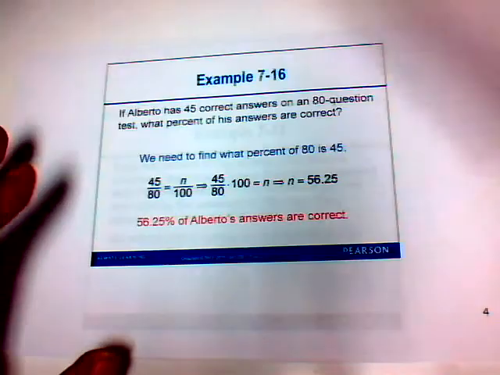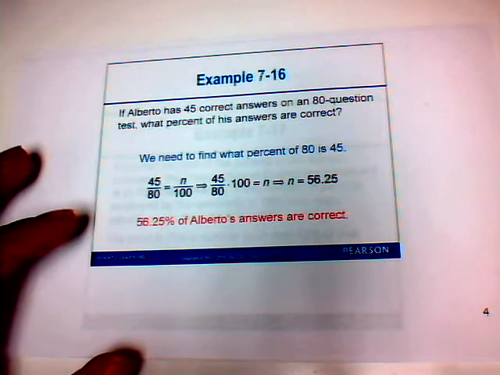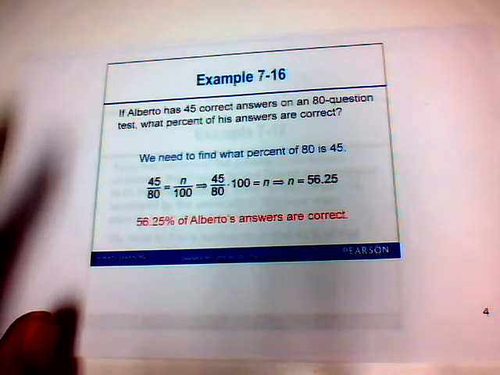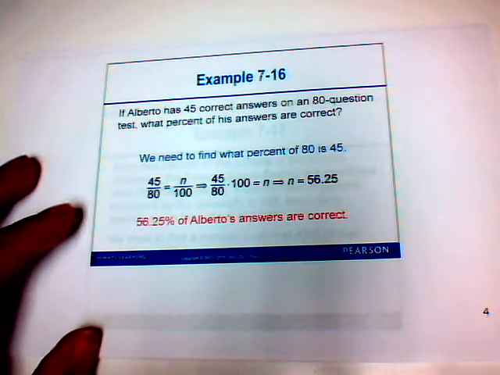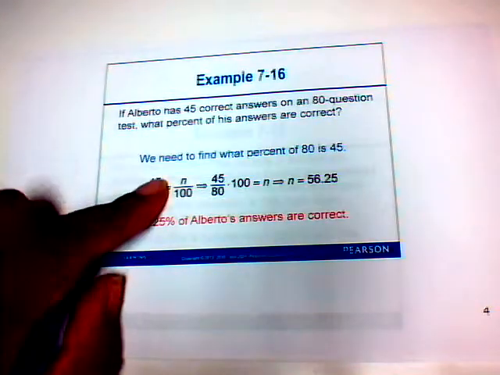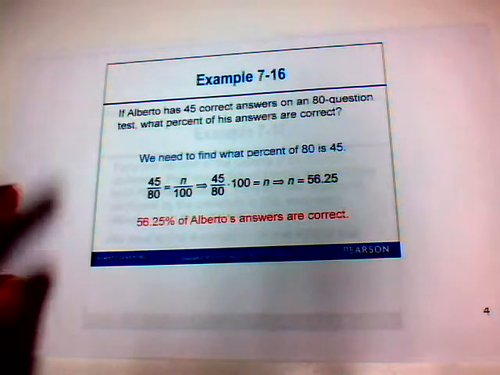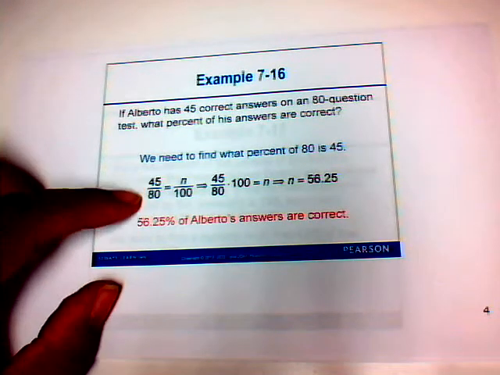Okay? This next example deals with finding what percent one number is of another. If Alberto has 45 correct answers on an 80-question test, what percent of his answers are correct? So now we're finding what percent of 80 is 45. Now here they set this up as a proportion. The number he got right is 45 out of 80.